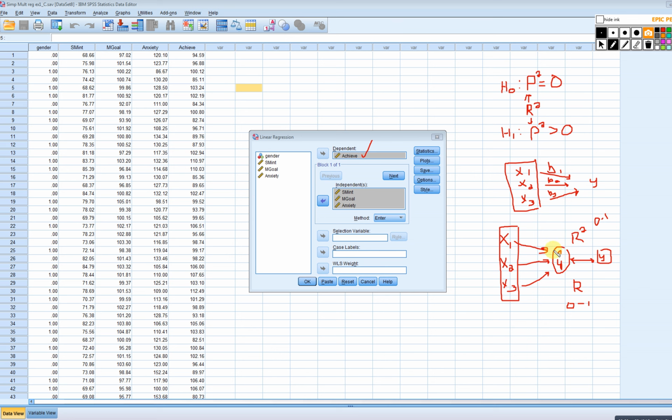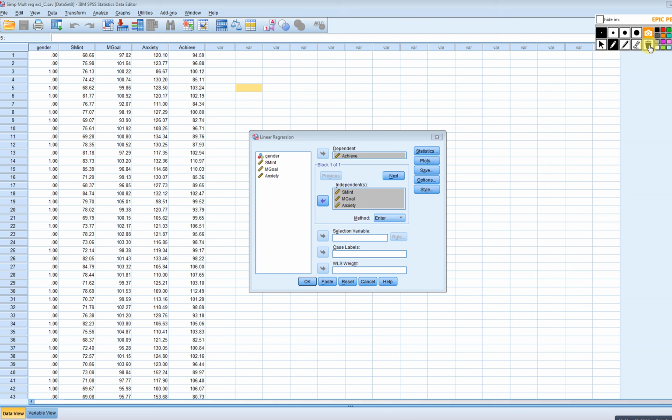The tests of each of these regression coefficients in the context of multiple regression are called unstandardized partial regression coefficients. The reason they are partial regression coefficients is that the predictor variables will exhibit correlations among themselves.